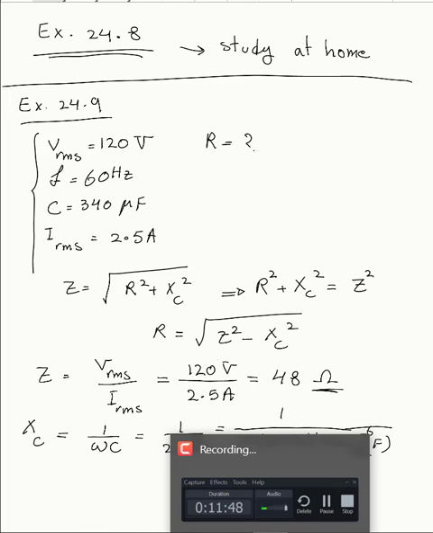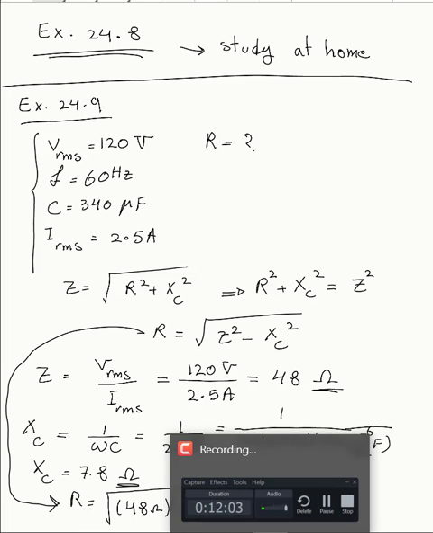With this, XC equals 7.8 ohms. Now I can find resistance from this equation, plug in the numbers, and you get 47 ohms. This is your final answer.